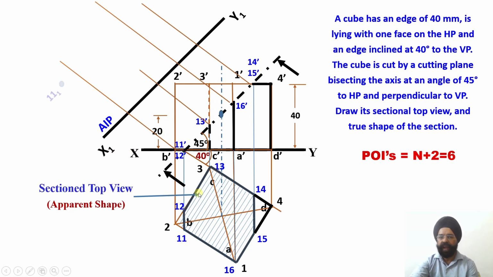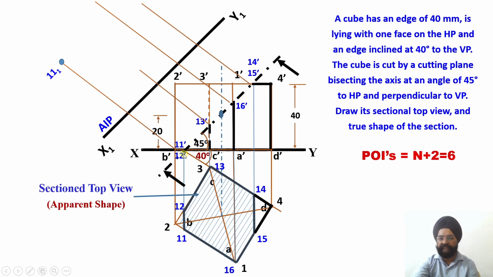So please see, I am going to transfer the distance of point 11. Just see, this is the distance of point 11, which is the POI available to me in the plan or the top view. So I am going to measure this distance from the XY reference line. I'll mark this distance over here. So the name of this point happens to be 11,1. Similarly, point 12.